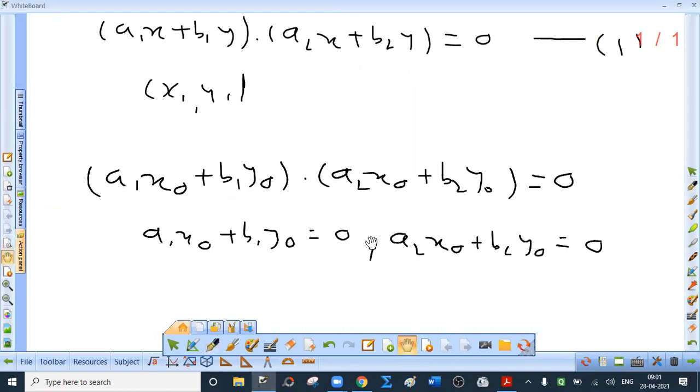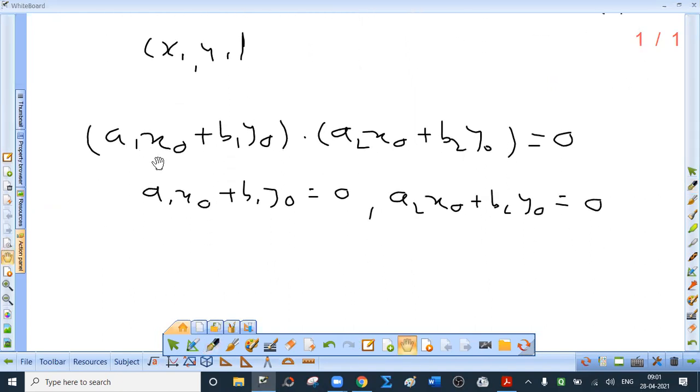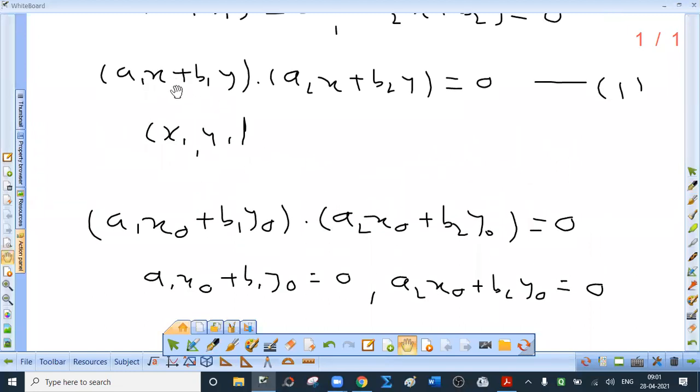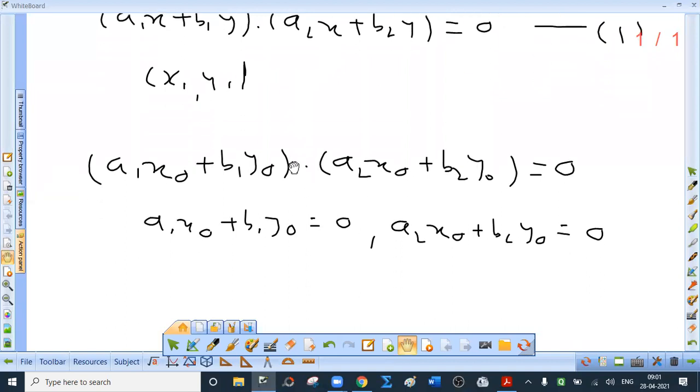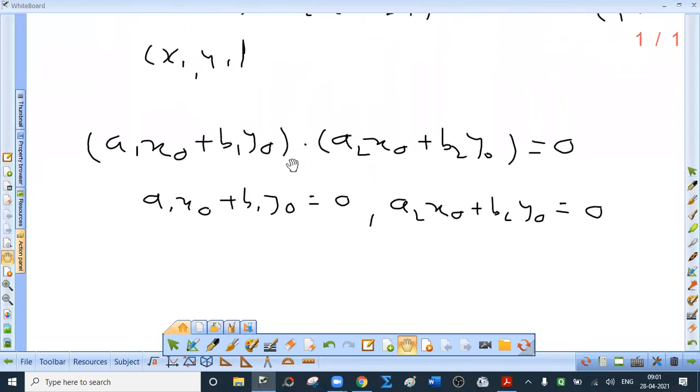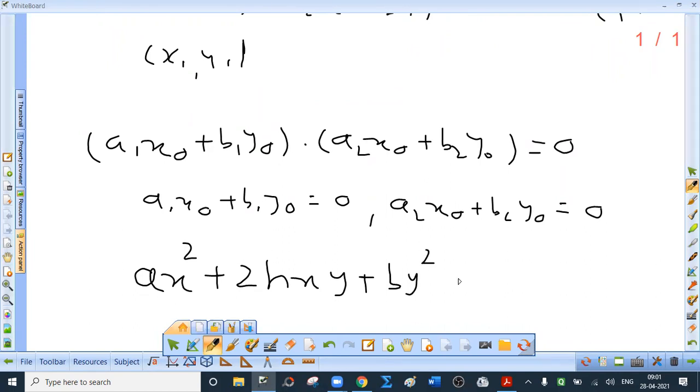Now, if I open all the brackets, there is going to be a term in x square, a term in y square, and a term in xy. Therefore I consider the general second degree homogeneous equation as ax square plus twice hxy plus by square equal to 0. I have already explained the reason. Why consider 2h? Why not say ax square plus hxy plus by square equal to 0?